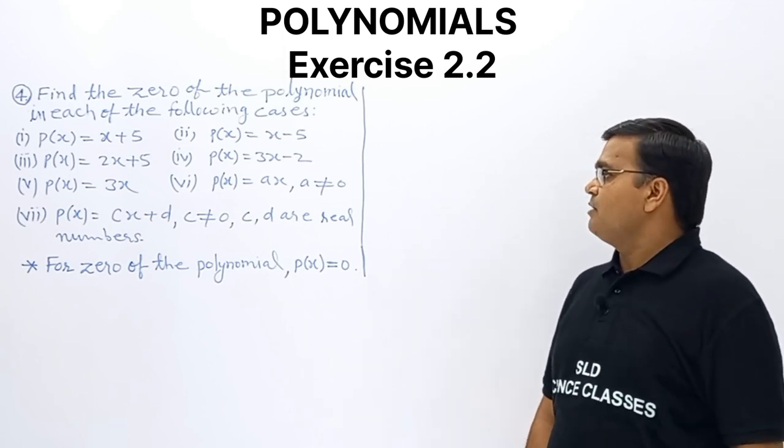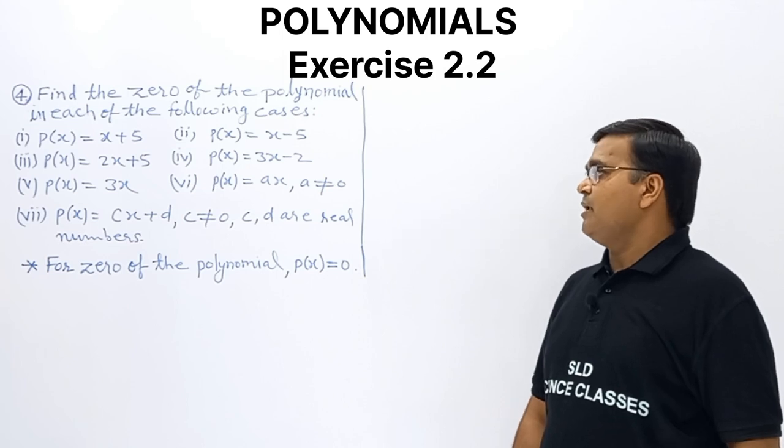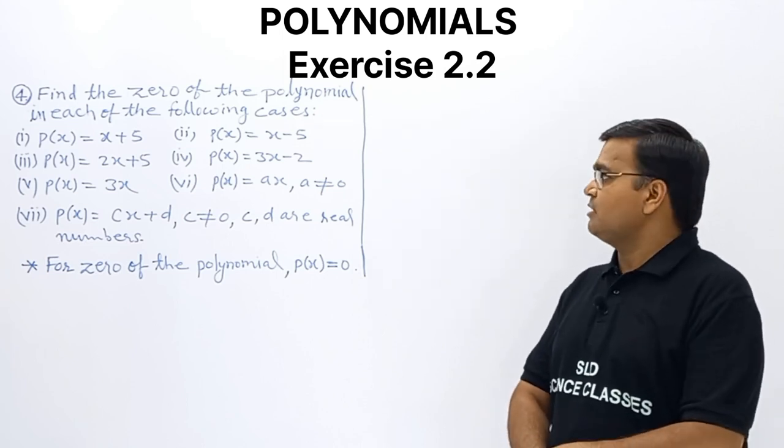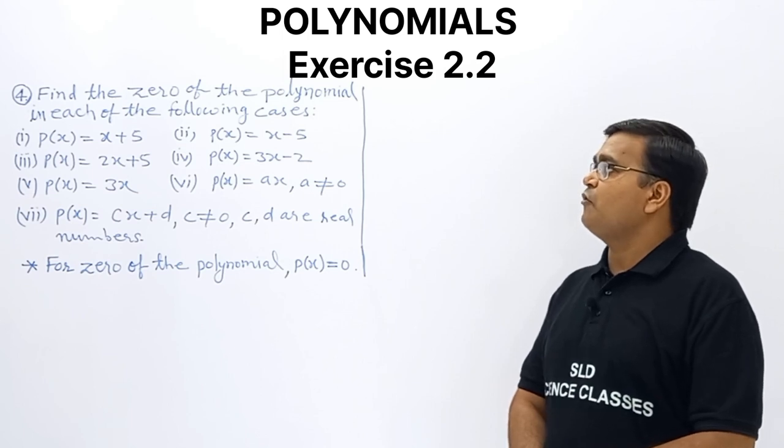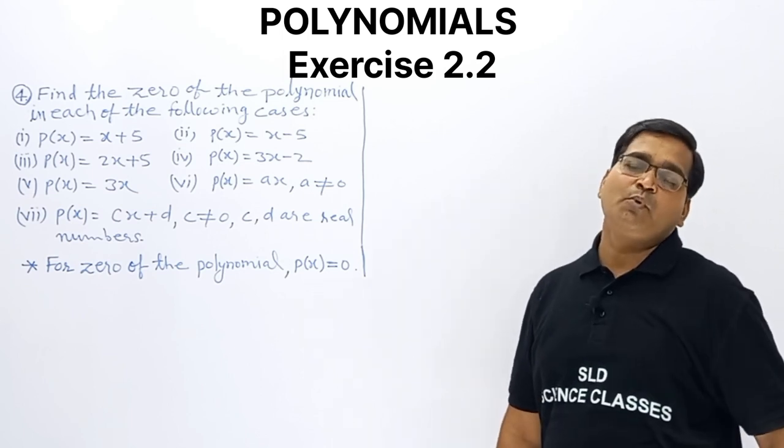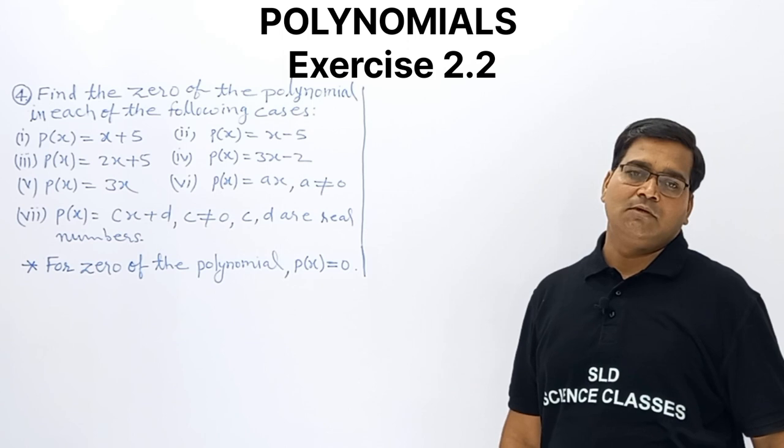This question has 7 parts, and in each case we want to find the zero of the polynomial.